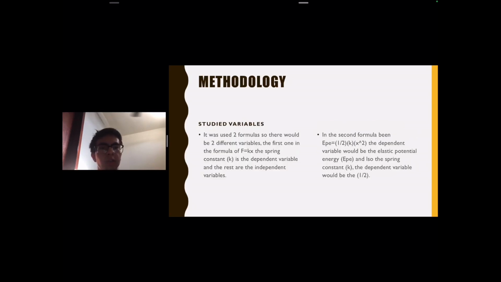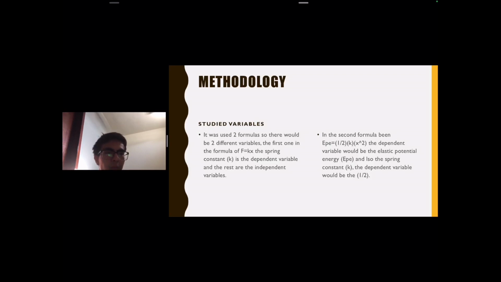The methodology, where there were study variables and two formulas were used, so there is more than one independent variable. The first formula was force equals spring constant times the length of the spring, the k being the spring constant is the dependent variable.